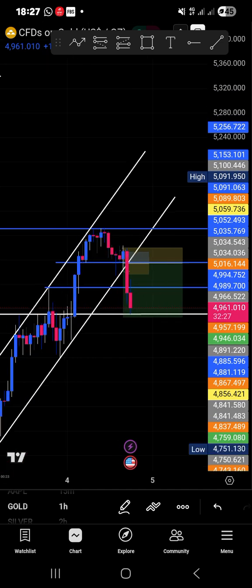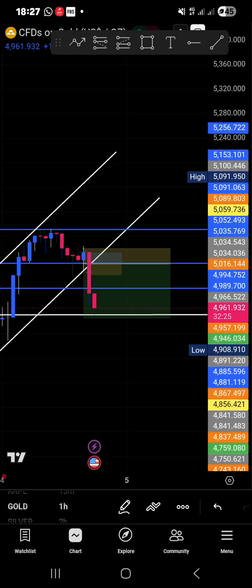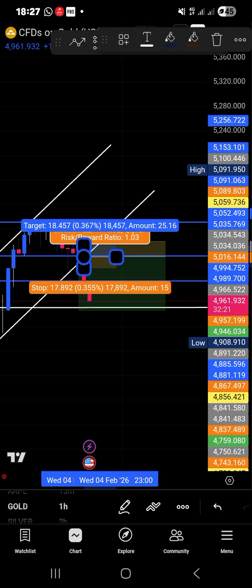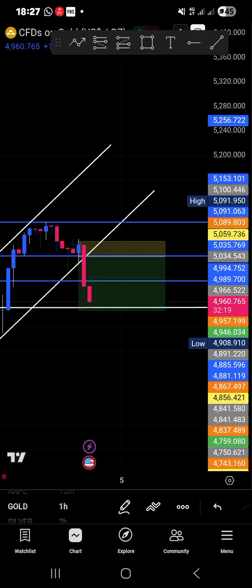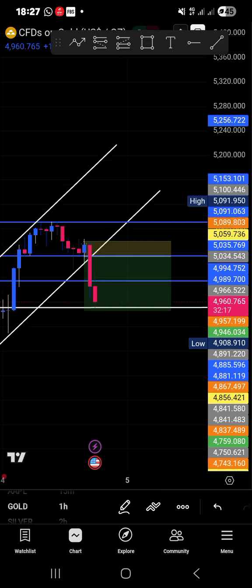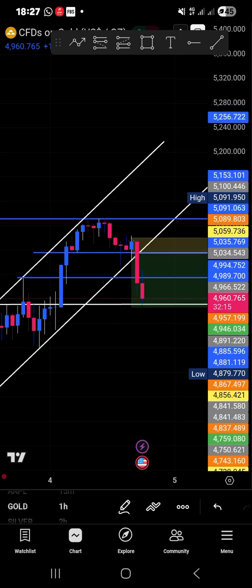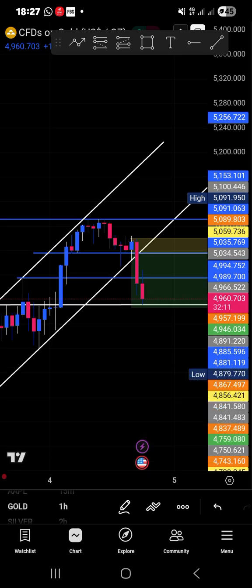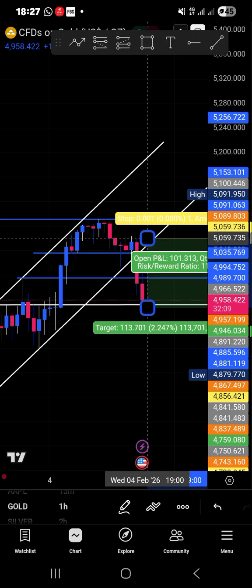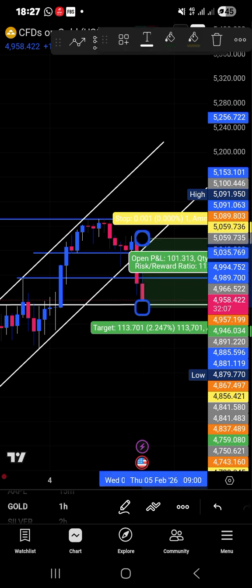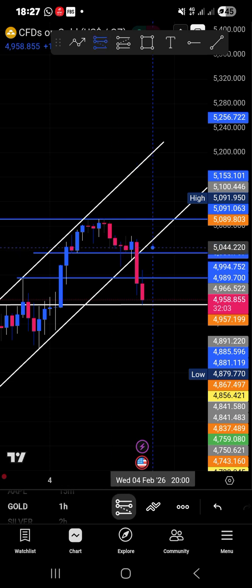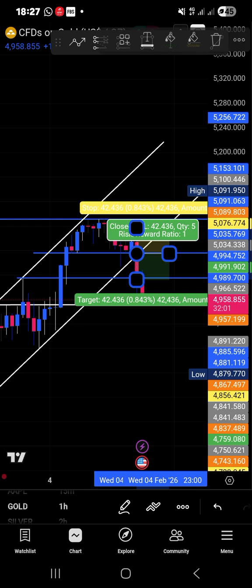Okay, this is how we took this trade. I hope you are seeing how we took this trade. We had a frag inside, and we entered immediately when it broke.